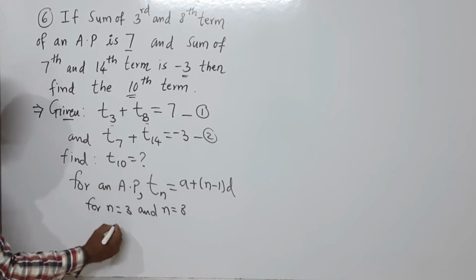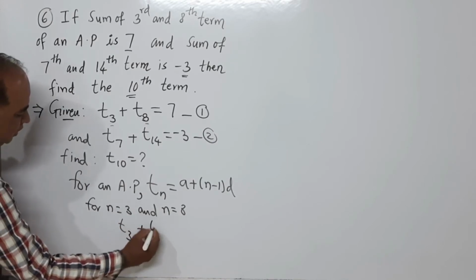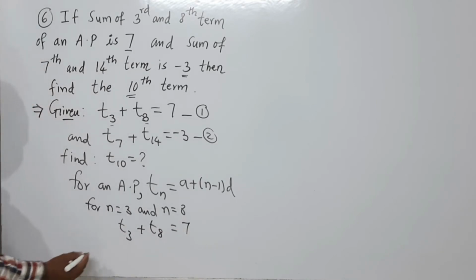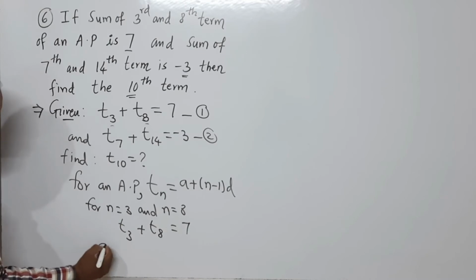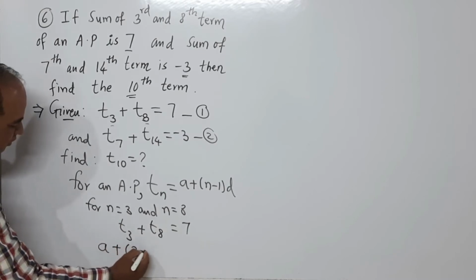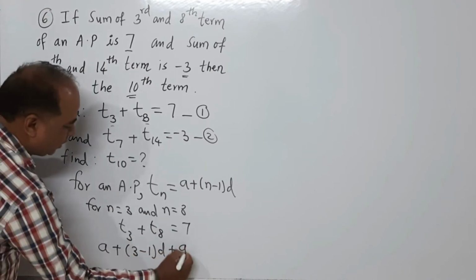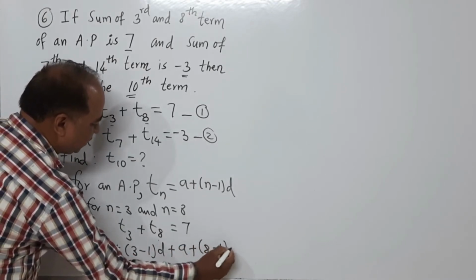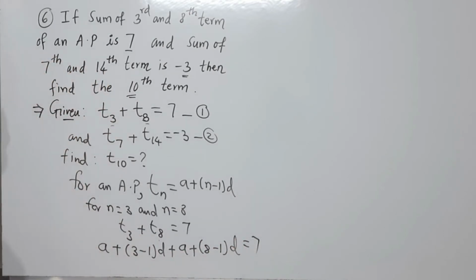So we get T3 plus T8 is equal to, in this expression we will put n is equal to 3: a plus 3 minus 1 into d, plus again a plus 8 minus 1 into d, is equal to 7.